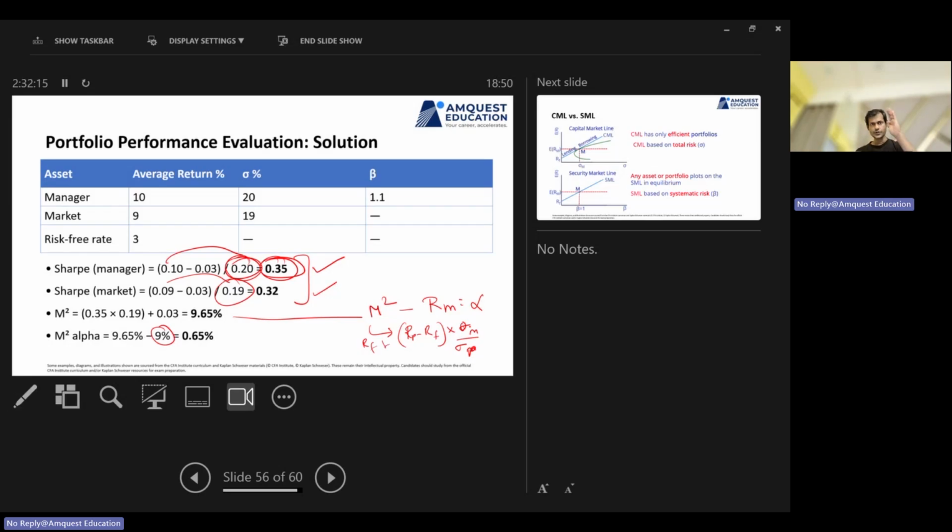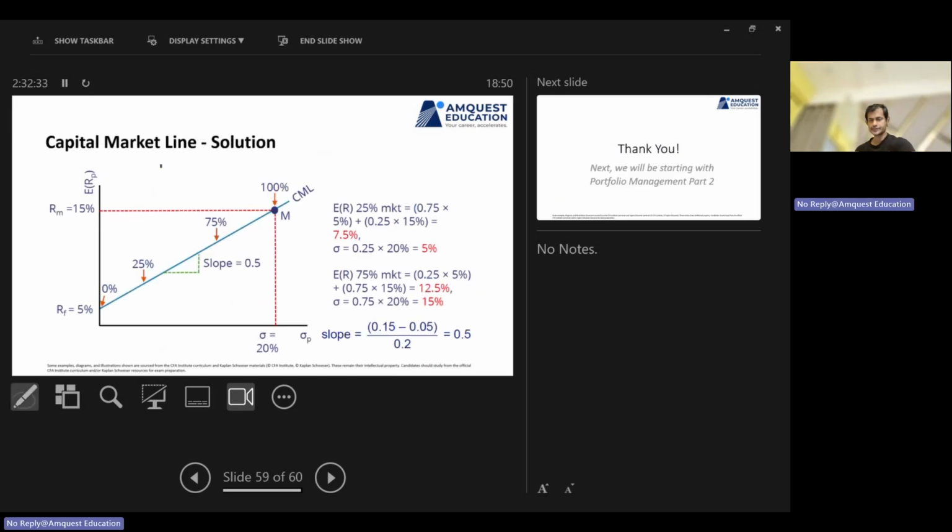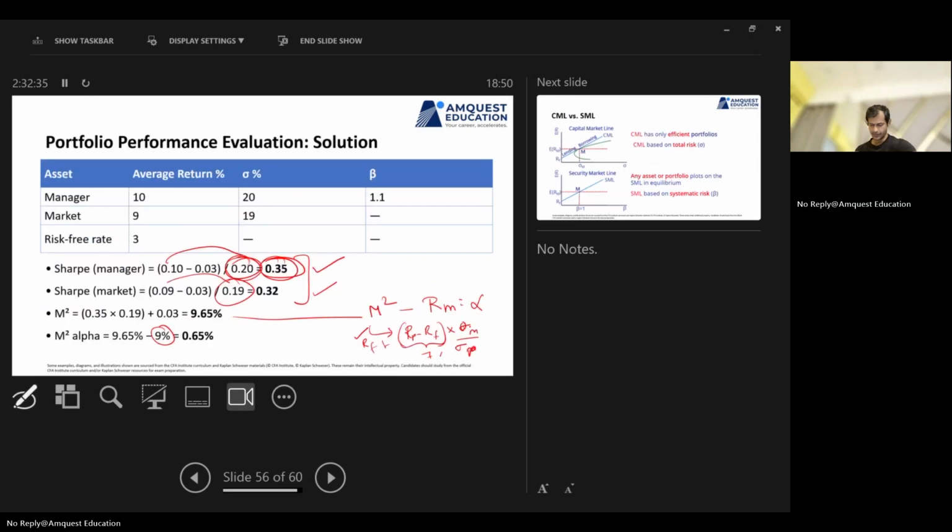Clear? So you are supposed to earn for me 3%, plus you earned for me a certain excess amount, correct? Which came to how much? 10 minus 7, so 7, into what is market deviation? 0.9. And what is standard deviation? 0.2.